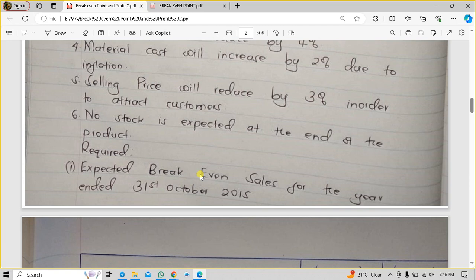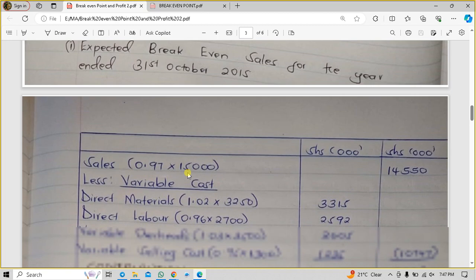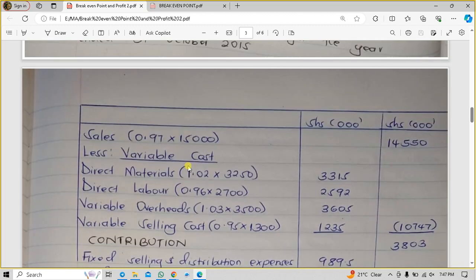That is why most businesses need to know the break-even sales, so that they can know at what point are we able to make a profit, at what point are we able to pay our expenses conveniently, at what point are we able to know that our business is stable. So let's break down our question.